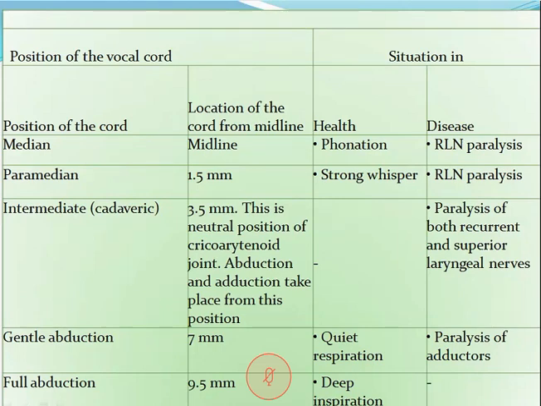Another one is called the full abduction, where it goes 9.5 millimeters away in case of deep inspiration. When you want to see the vocal cords in still more detail, then we ask the patient to go for a deep inspiration.